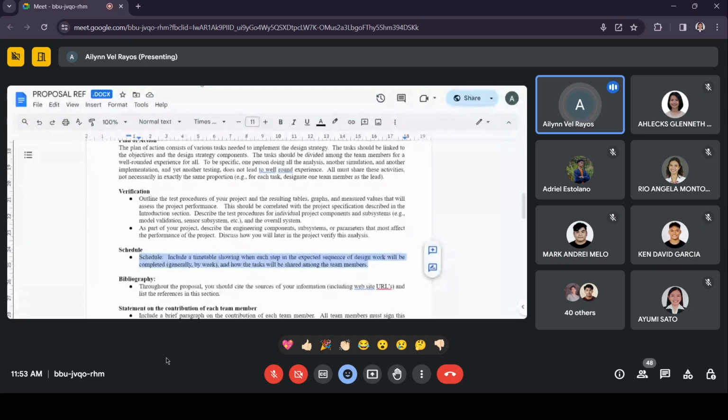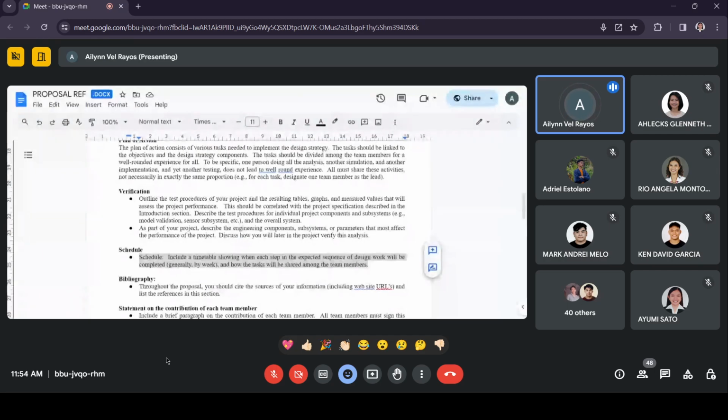So in terms of scheduling, week 10 dapat nakapagpasa na, week 10 dapat may approved topic na kayo. Week 11 to 15 yung whole na pagtapos ng buong design project. Okay?